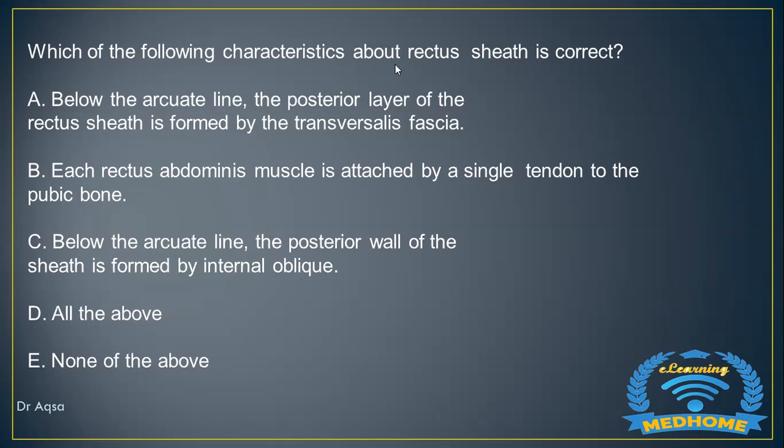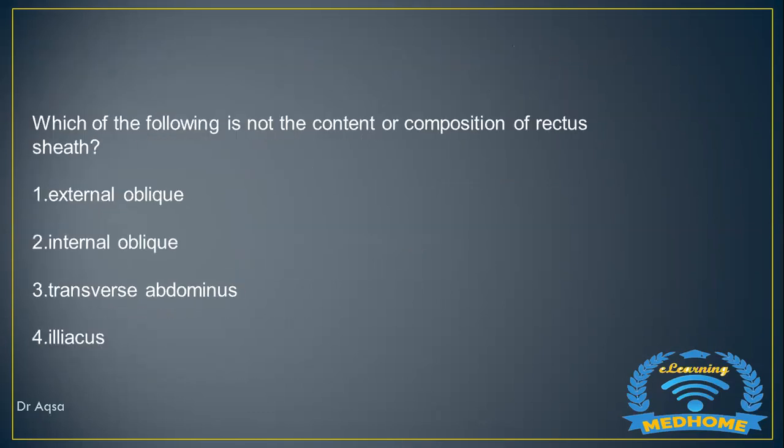Who is going to take the next one? Noorpur, can we have you here on the board to answer our question, please? Yes, ma'am. Okay, your question goes here. Which of the following is not the content and composition of rectus sheath? 1.